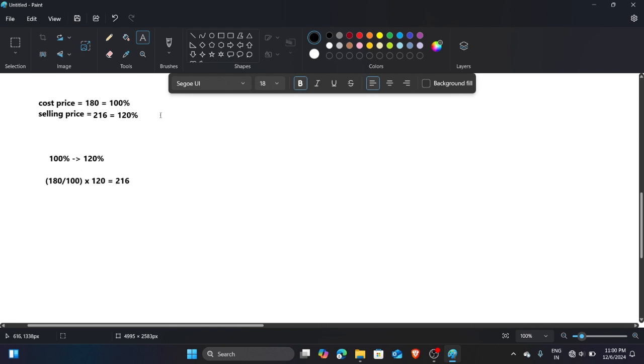If you get a loss of 20%, then what could the answer be? It goes from 100% to 80%. The cost price is 100%, and now it is reduced to 80%.